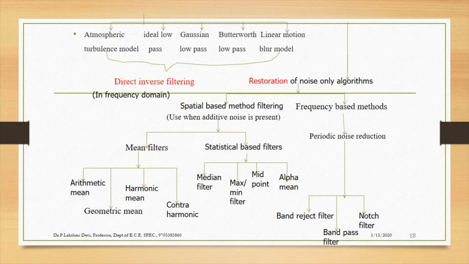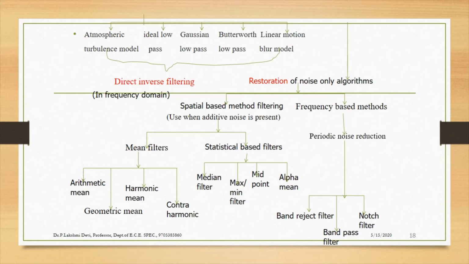For such types of noises: atmospheric turbulence models, ideal low pass filters, and practical low pass filters. Under practical low pass filters, we have Gaussian low pass, Butterworth low pass filters, and linear motion blur models. These all come under minimizing some sort of random noises.